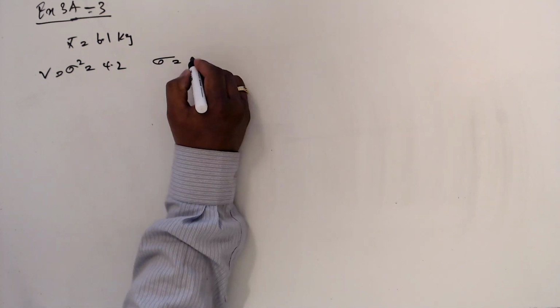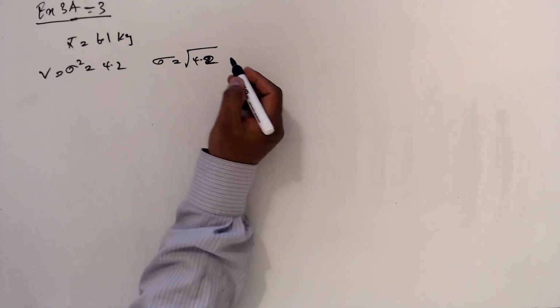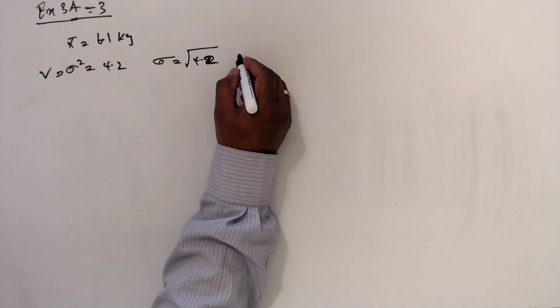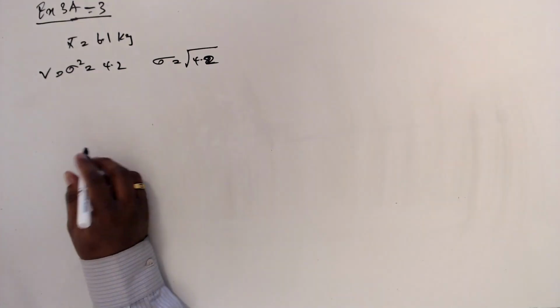Sigma is going to be square root 4.2. So this value, I will leave as it is. So it's square root of 4.2.